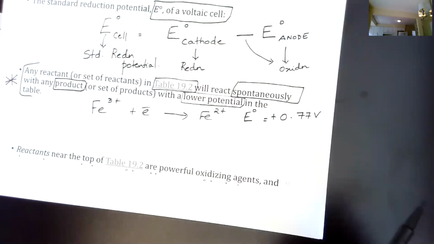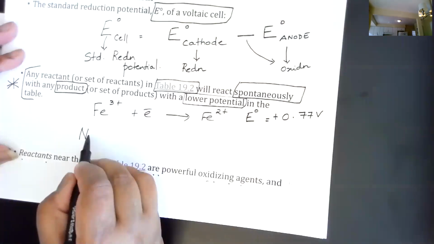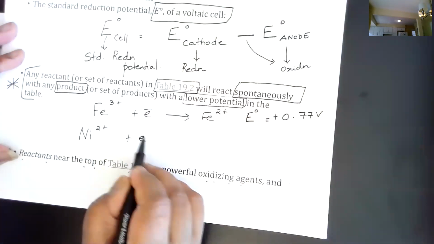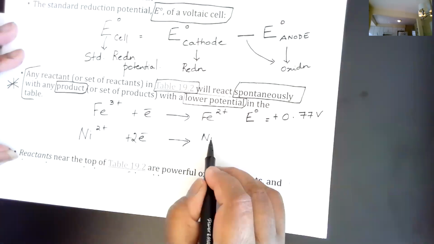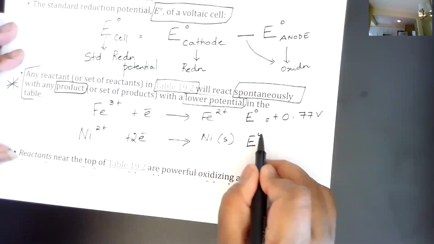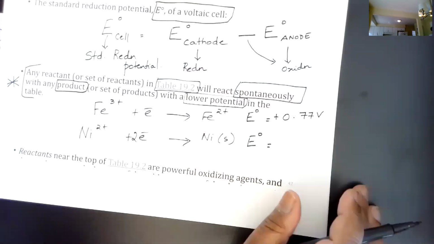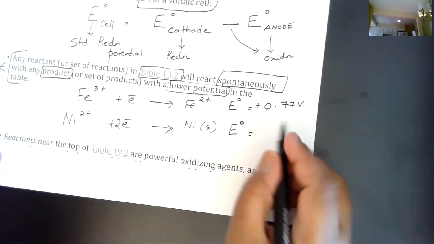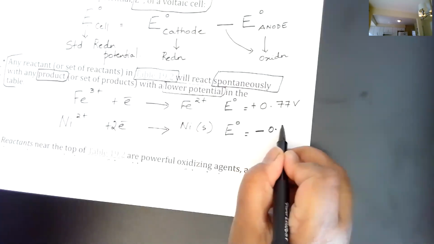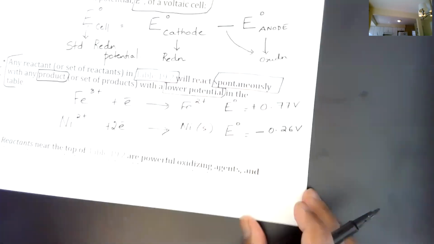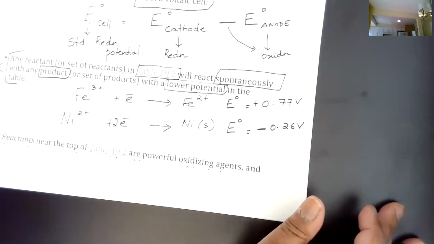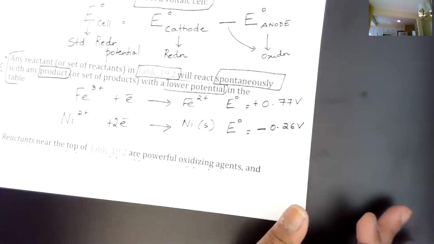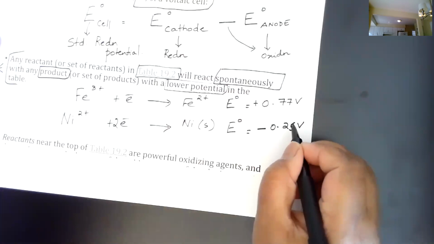Now, below that, I'm going to pick nickel 2+ plus 2 electrons. Okay, so it's going to become nickel solid. What's E0 for this? Negative 0.26 volts. I'm sorry, 0.25, I think. Yeah, one place they have 26, one place they have 25. Okay, 25.